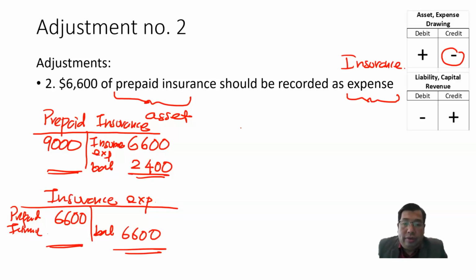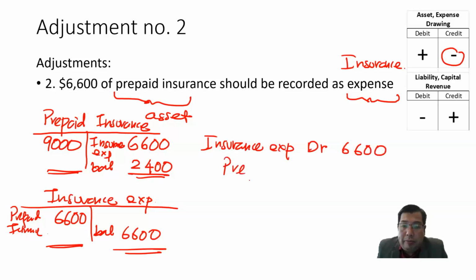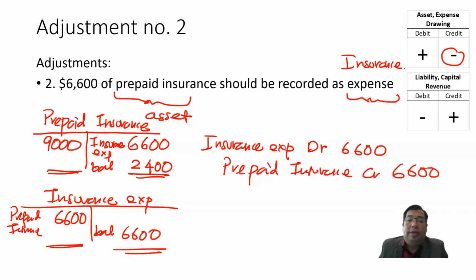The journal entry will be insurance expense debit by 6,600 and prepaid insurance credit 6,600. Debit insurance expense 6,600, credit prepaid insurance 6,600.